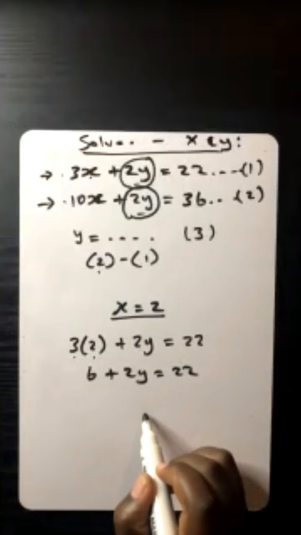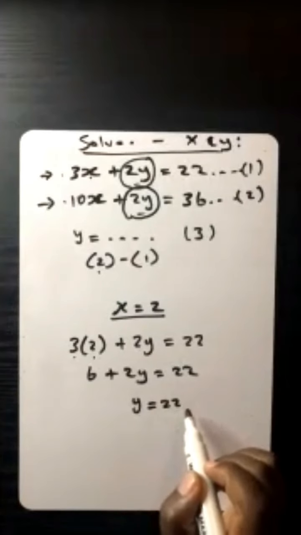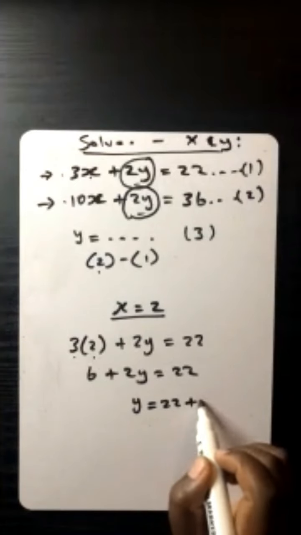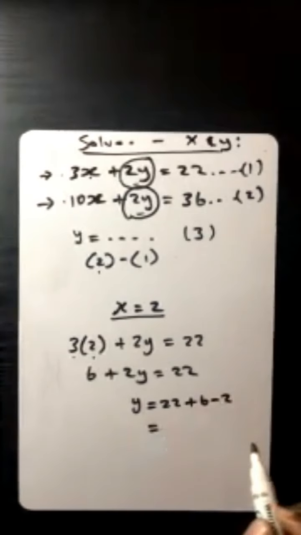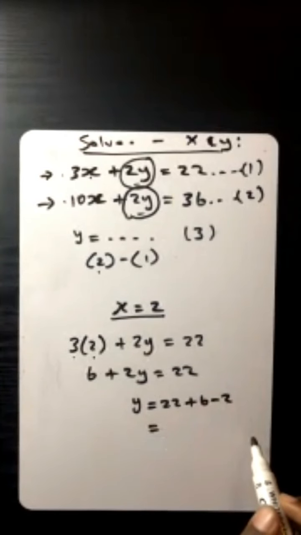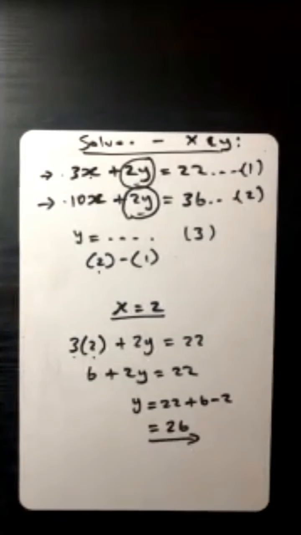So it will be y, which equals 22 plus 6 minus 2, which is 26, sir. So the final answer, y is equals to 26.